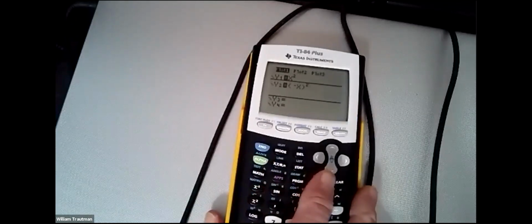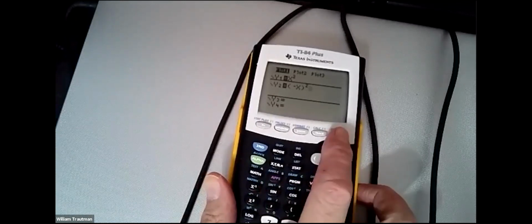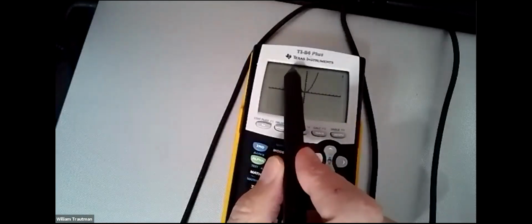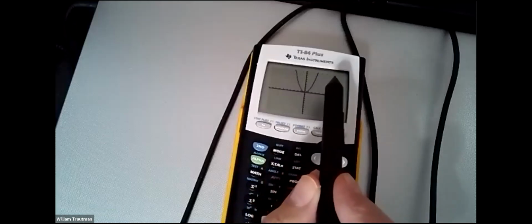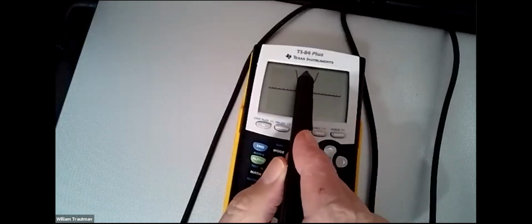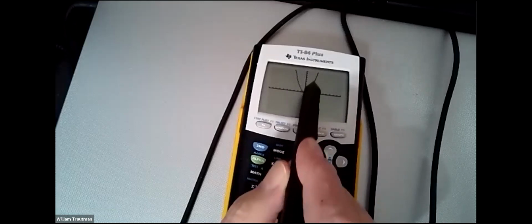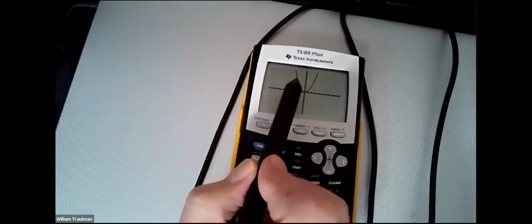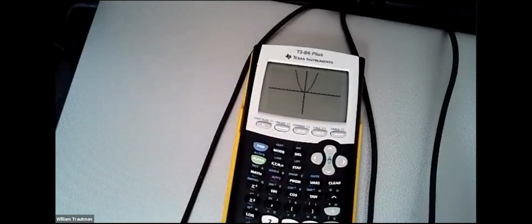All right. So graph it. There's the original, and there's the flipping. What happens is it flips it on the y-axis. Do you see? This side goes over here, and this side goes over there. So there are two graphs here. One's on top of the other.